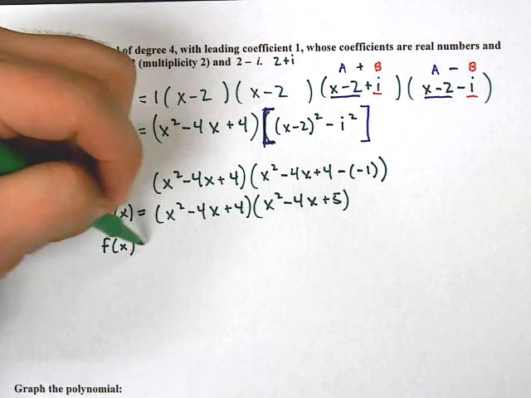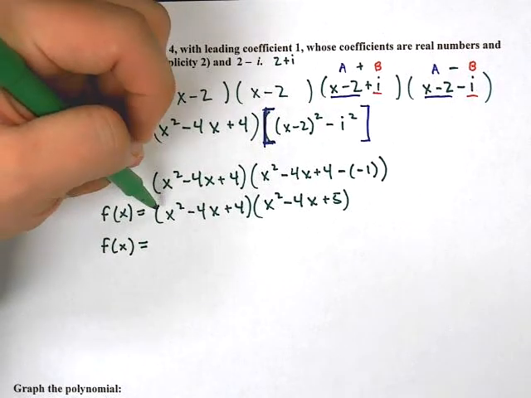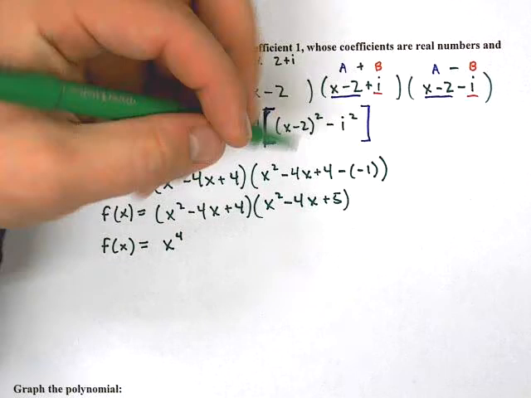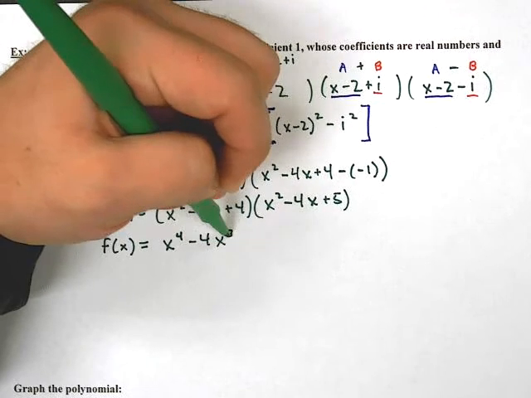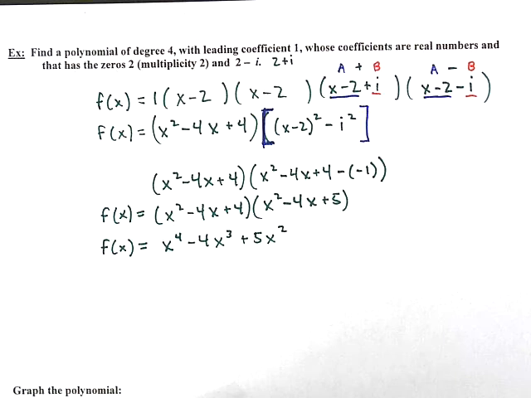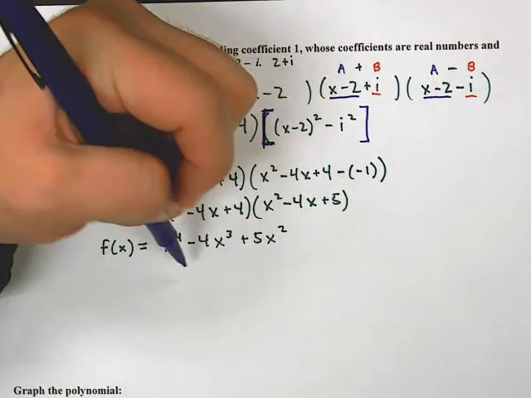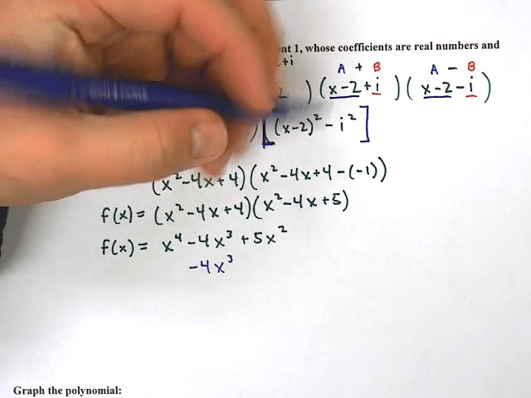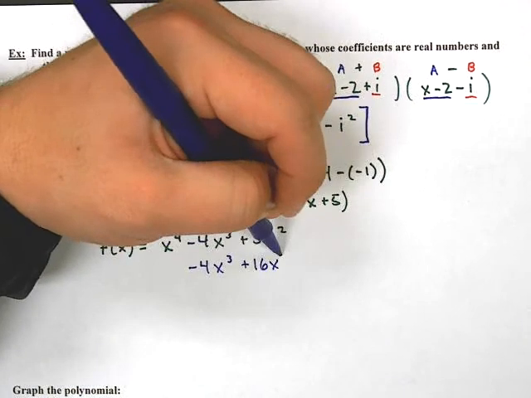All right, f of x equals, I'm going to stick with green for my first set. So x squared times x squared is x to the fourth. x squared times negative 4x is negative 4x cubed. And then a positive 5x squared. Now I move on. Negative 4x times x squared is negative 4x cubed. Negative 4x times negative 4x is positive 16x squared.